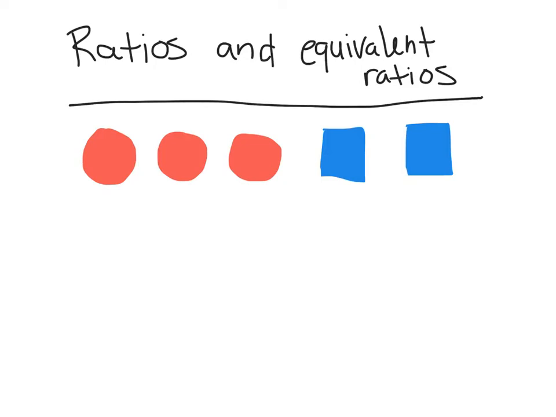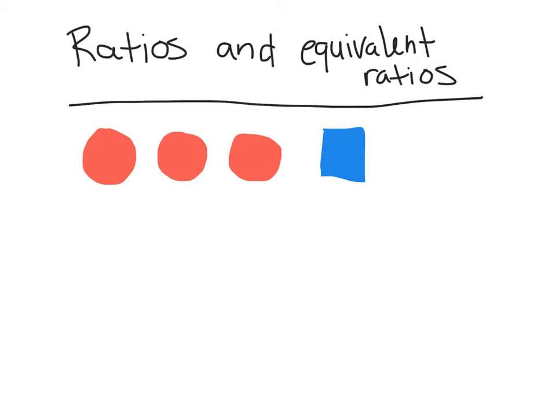And when I'm talking about ratios, I am using a ratio to make a comparison. So if I have these blocks, and just for the sake of making it easier, I'm going to have 4 blocks total. I have 3 red circles and 1 blue square.